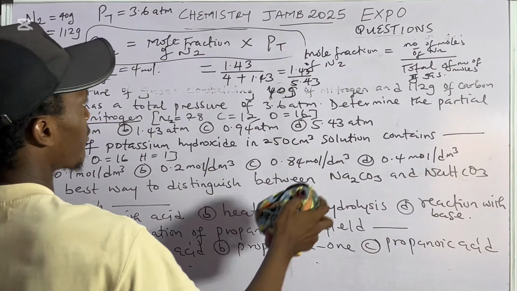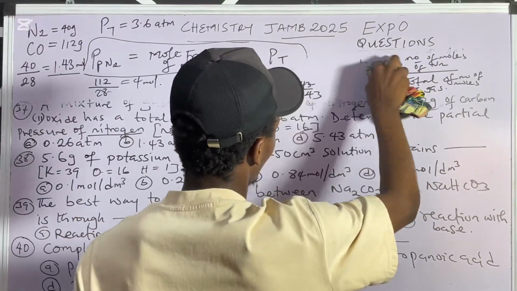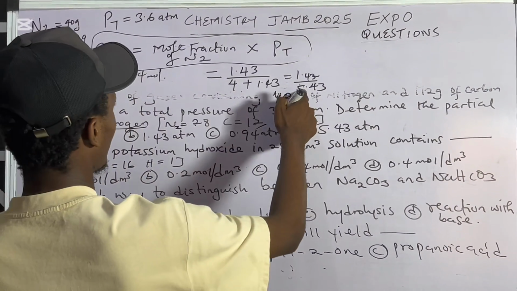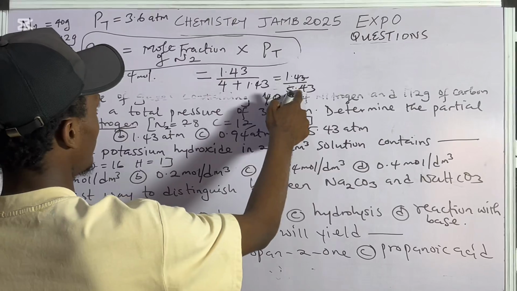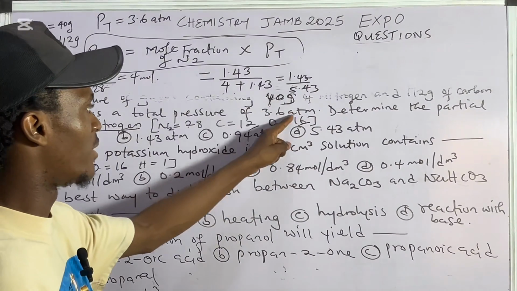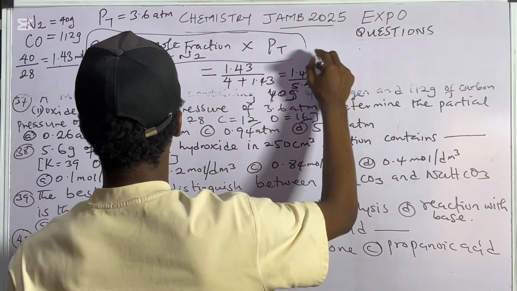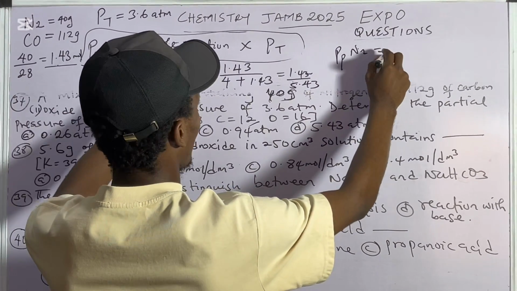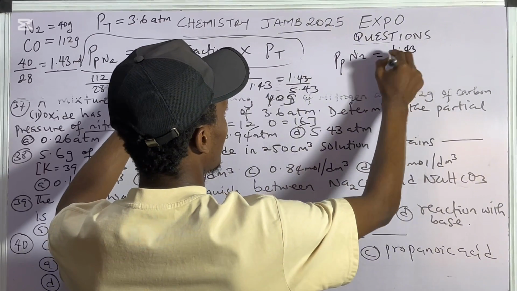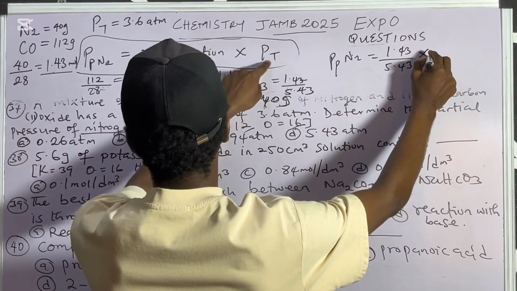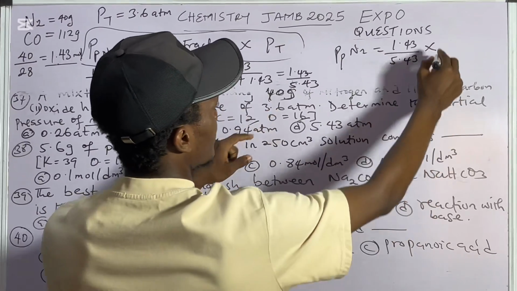Getting your mole fraction, we can easily get our answer with ease. Now the mole fraction of nitrogen is this. Then the PT, what's our total pressure? From the question it is 3.6 atm. So the partial pressure of nitrogen is equal to 1.43 over 5.43, times the total pressure, which is 3.6.